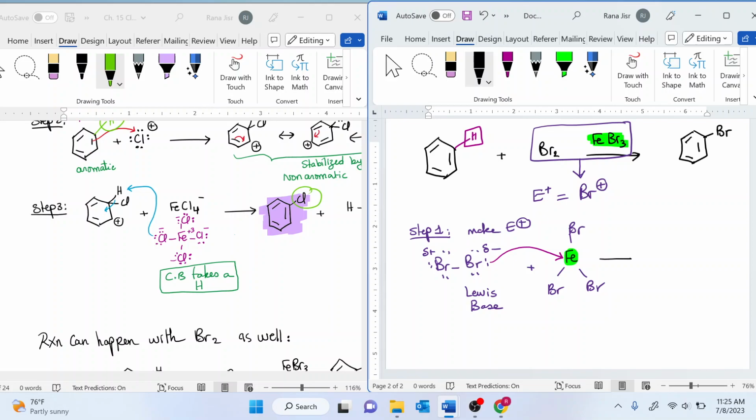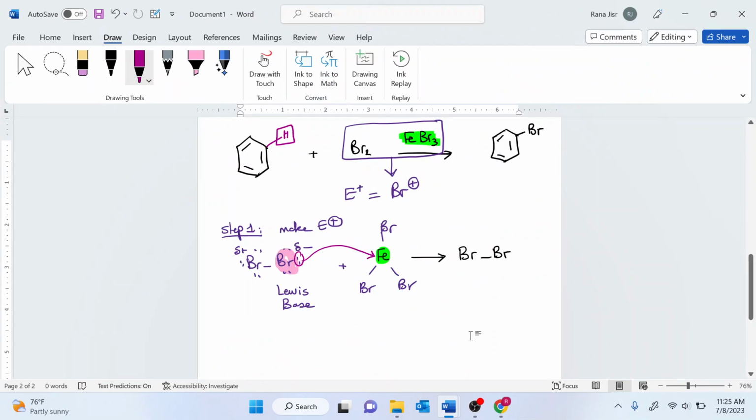And when it does, you are going to make a complex in this case. And the complex will result with the bromine losing electrons. So this bromine over here, I've used two of its electrons in order to make a bond with the iron. So in this case, the bromine is going to lose electrons and it's going to have a positive charge. And then the iron is going to have a negative charge because it gained electrons from the bromine.